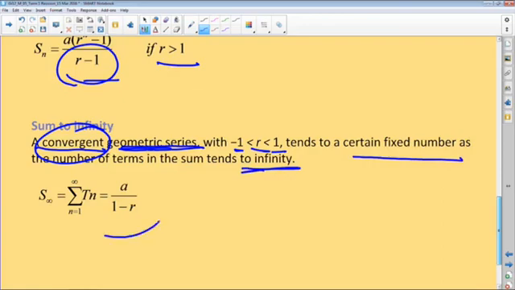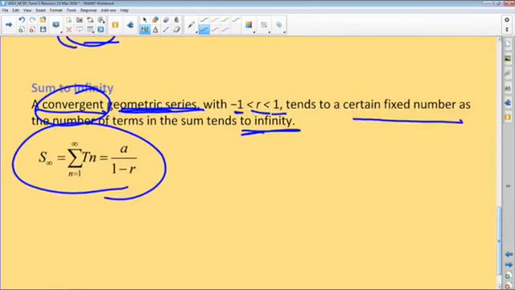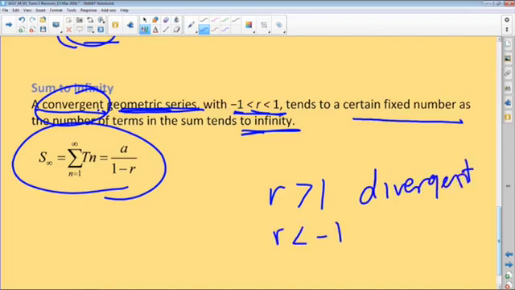And obviously this is the formula that you use for sum to infinity. So your test is, if r is between -1 and 1, you're going to get a convergent series. If r is outside of that range, then you're going to get a divergent series, so it's not going to tend to a certain fixed number.